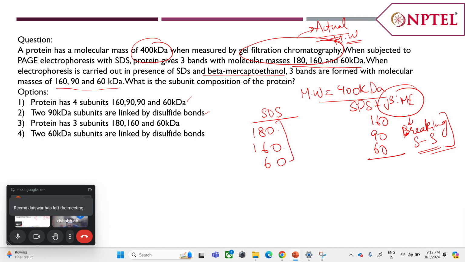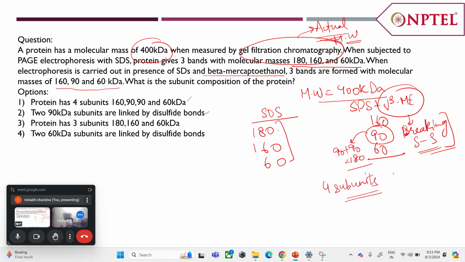Now, in the second case, when the disulfide bonds are also reduced, we can see an additional band at 90 kilodalton. So 90 plus 90 is equal to 180. That means the protein has four subunits, which means 160, 90, 90, and 60.